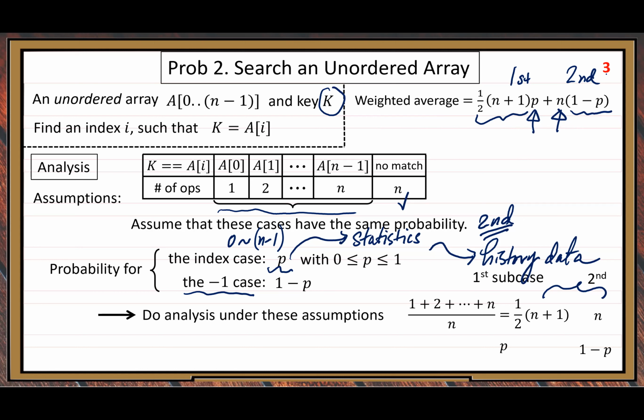This P we just treat as the percentage: the first stock P percent, the second 1 minus P percent.